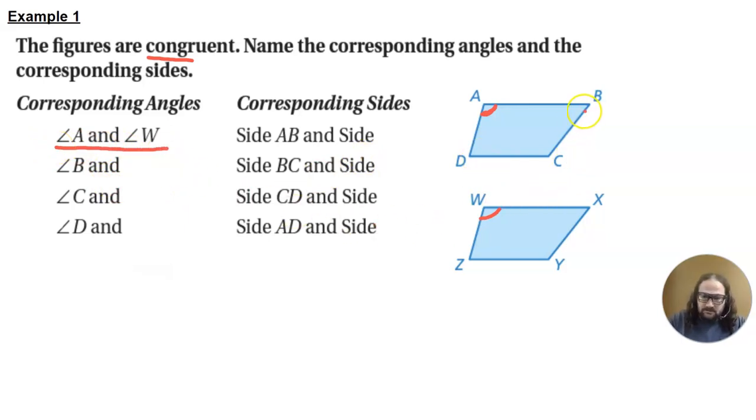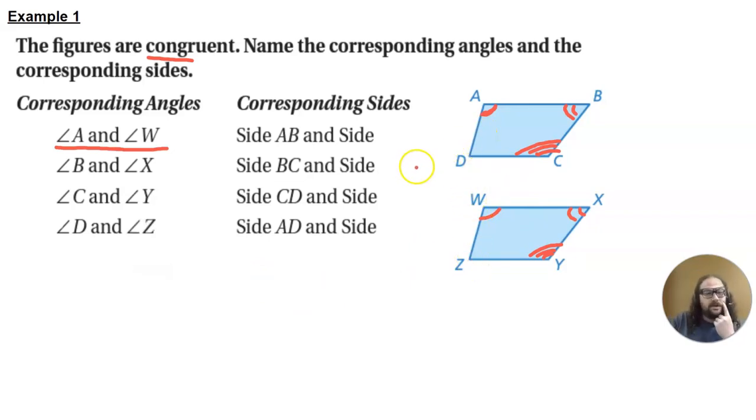Angle B looks like it corresponds to angle X. So angle B and angle X are corresponding angles. Angle C corresponds to angle Y. So angle C and angle Y are corresponding angles, and then angle D and angle Z are corresponding angles.